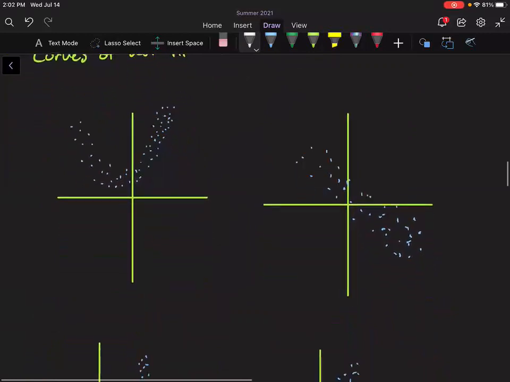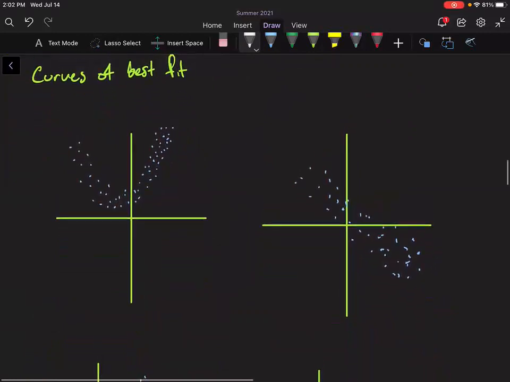Okay, and one thing that happens with data is we actually don't always want to use a line of best fit. So one of these ideas is that sometimes we want to find a quadratic that fits best. So usually what will happen is if you're working with simple enough data, you can just plot the data and that will be enough to see what kind of curve you would want to use.